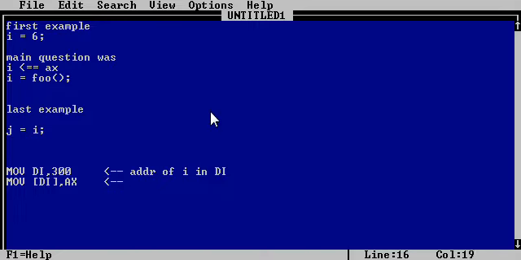Store AX at DI. Not in DI, but at DI. You understand the difference. Okay?